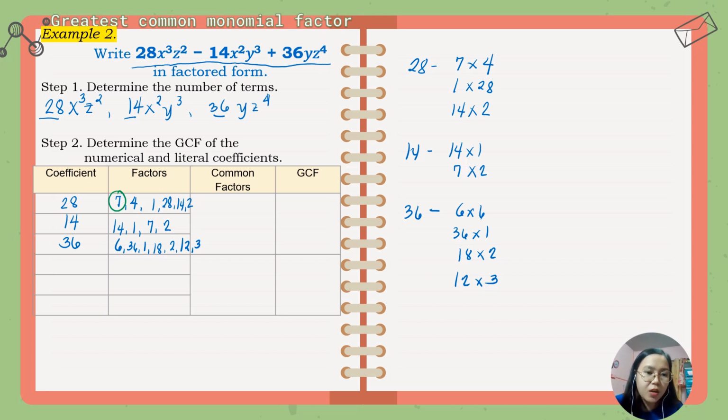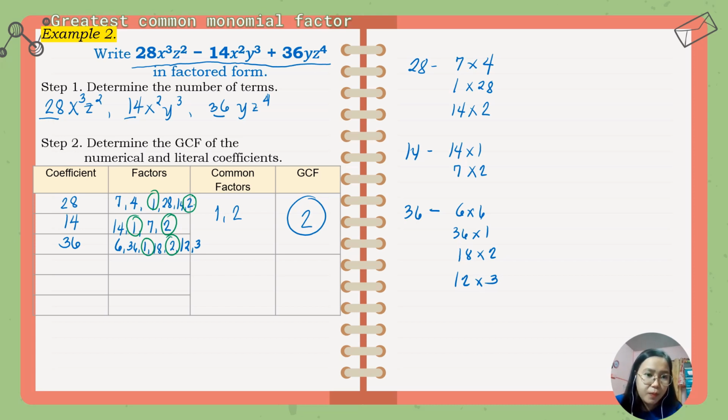Ay, hindi. Hindi siya pwede kasi ito walang 7. 2. O yun, 2. Pare-pareha silang may 2. Tapos, 1. Therefore, the common factors here is 1 at 2. Siyempre, GCF niya 2.